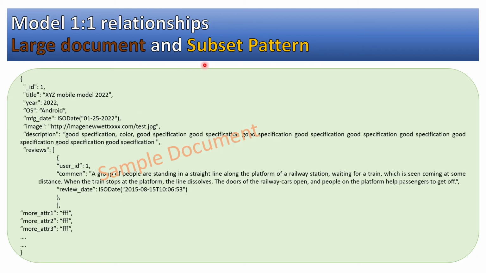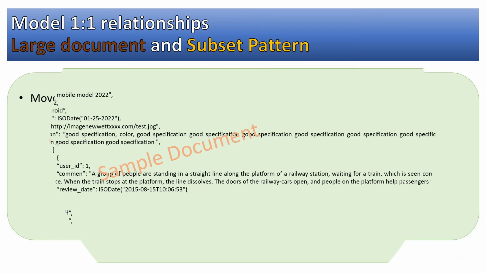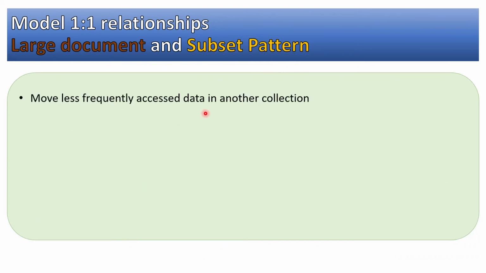What should we do? In that case, the subset pattern comes to our rescue. Move the least frequently accessed data into another collection. For example, we can keep the top 5 reviews that have been submitted. Maybe we can sort by date in the collection, or keep only the last 5 reviews and move the rest of the reviews into a separate reviews collection.